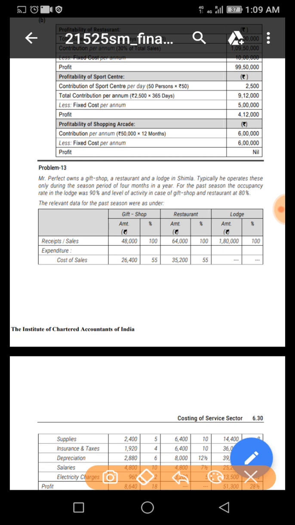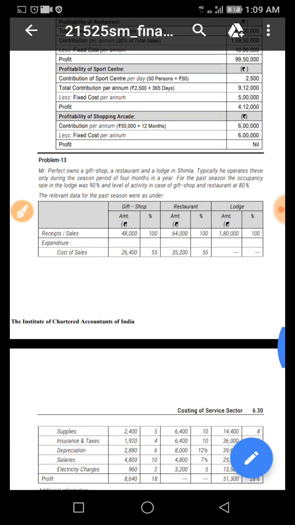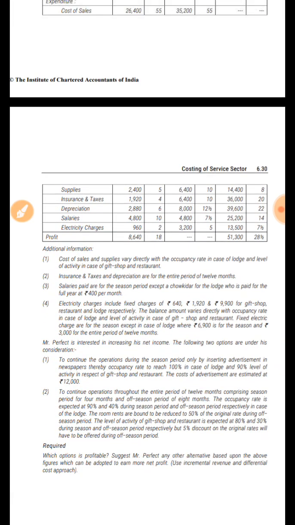See, cost of sales and supplies vary directly with the occupancy rate in the lodge, in case of lodge, occupancy rate, and level of activity in case of gift shop and restaurant.